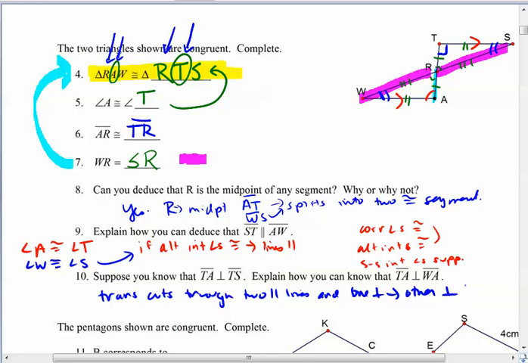But we could also use the idea of alternate interior angles again. Angle T and angle A are alternate interior angles, so when lines are parallel, alternate interior angles are congruent. Either would work.